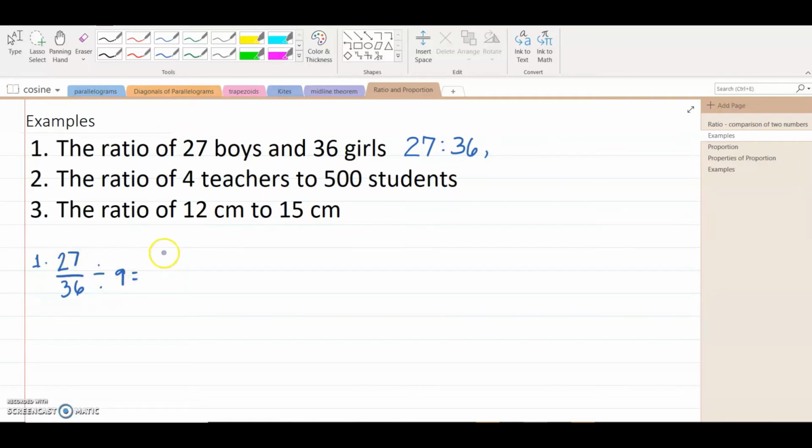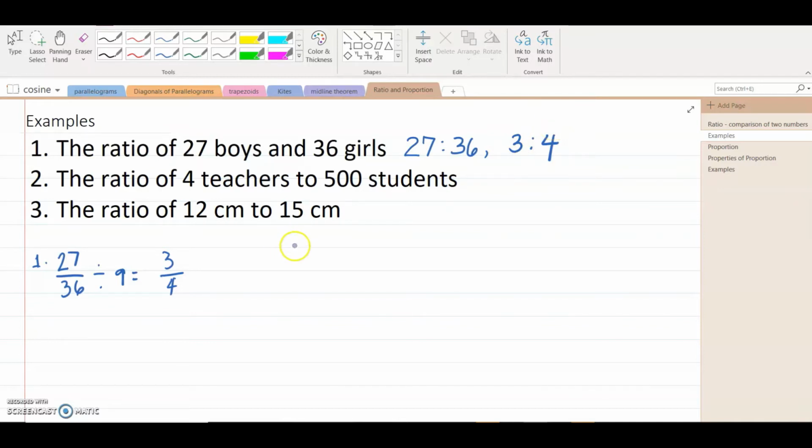So 27 divided by 9 is 3, and 36 divided by 9 is 4. So the ratio of 27 boys and 36 girls is also 3:4. That means for every 3 boys, there will be 4 girls.